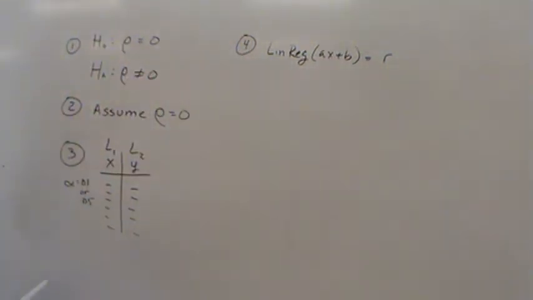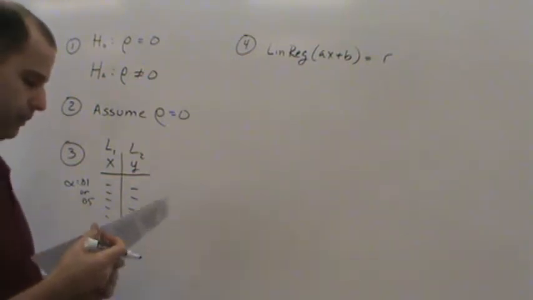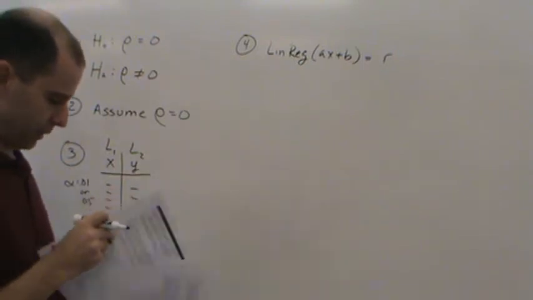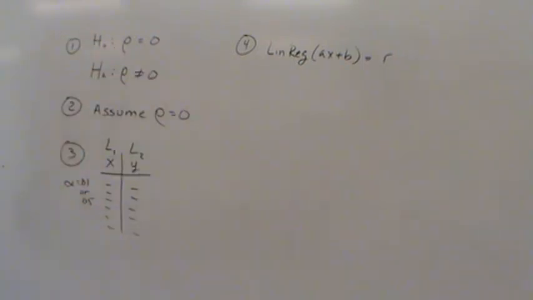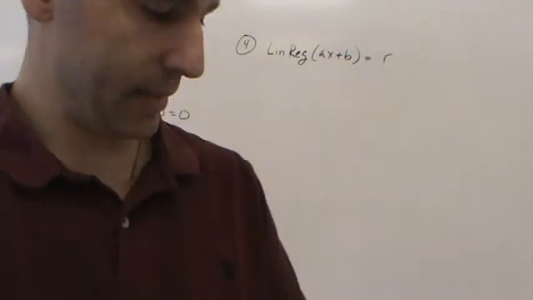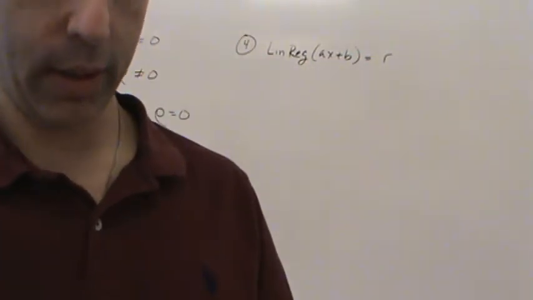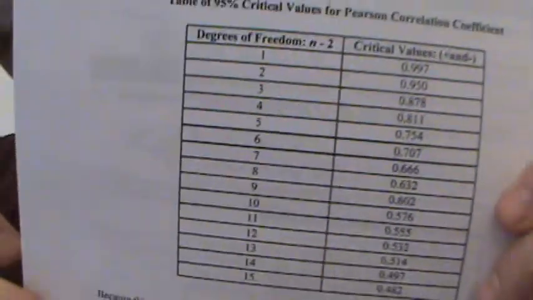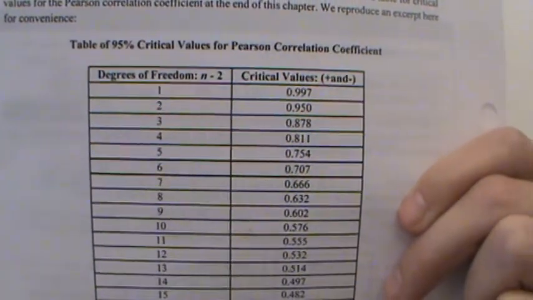Then we can compare that to the critical value on the correlation table, which I'll show you right now. If we look at this correlation table, this is just an example, not the one that we have on Blackboard, but here's an example of a correlation table.